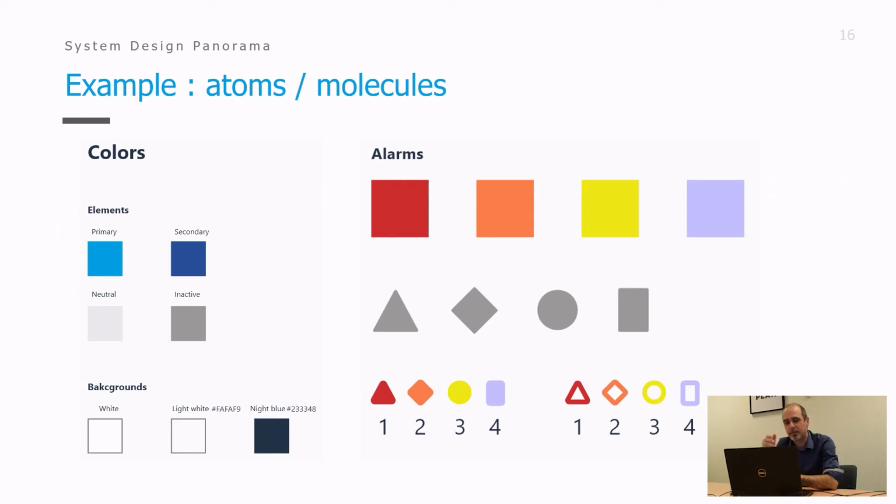This is a part of our system design we built for Panorama, and it is the easiest part to understand because the easiest part of design is based on colors and shapes. The color is to reduce eye strain, and the shapes and the color are basics in a SCADA because it deals with alarms.